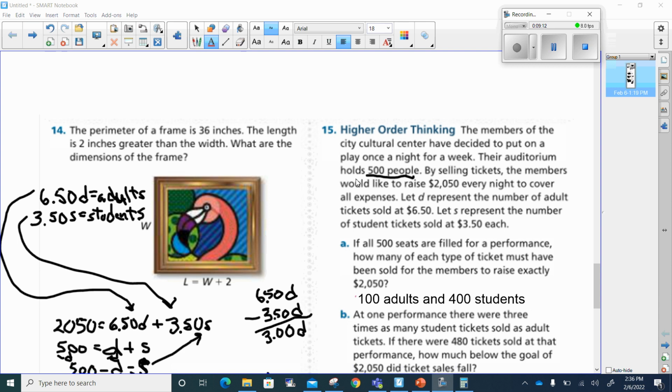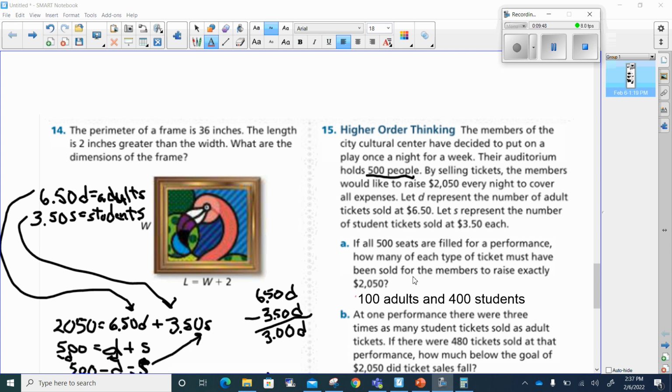So remember, adults pay $6.50, and they represent D, so that'll be 6.50D. And students pay $3.50, so 3.50S represents the amount of money that we're going to make off students. Remember, we're hoping to raise $2,050, so 2,050 has to equal 6.50D plus 3.50S.